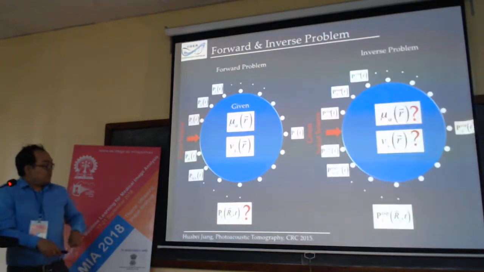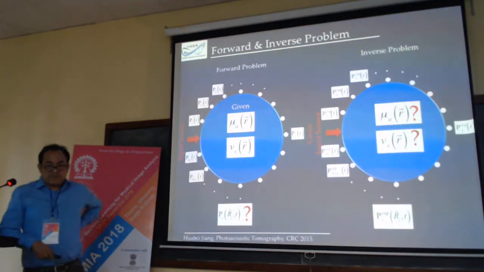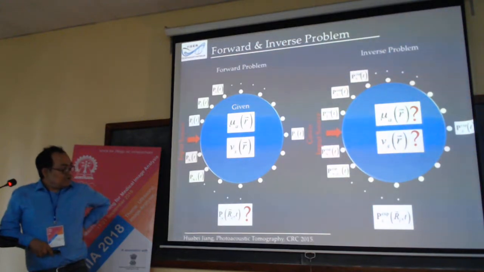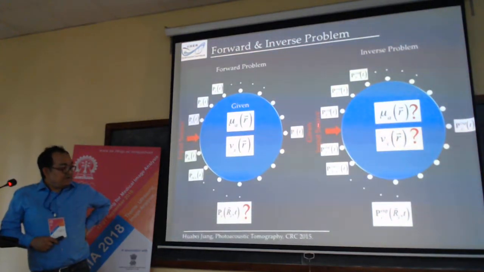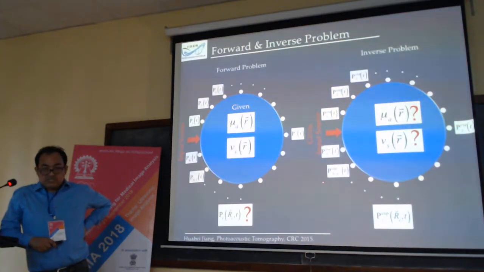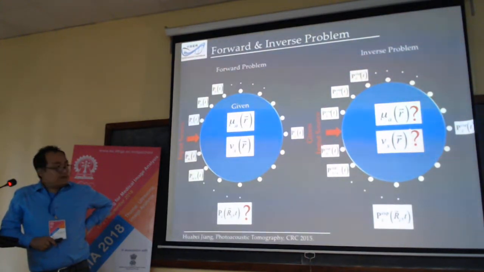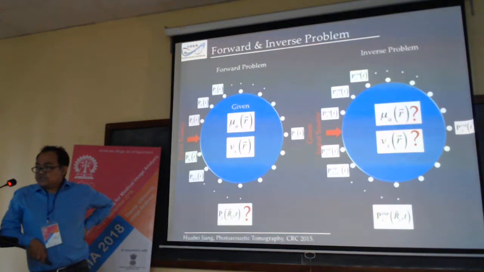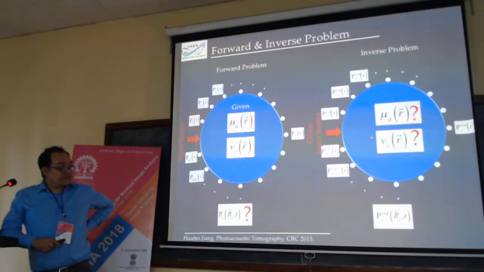In the meantime, what is the inverse problem? Given the input source and the measured detected signal, what is the distribution of the physical parameters of our interest? This is what imaging people want. So, how to get it?